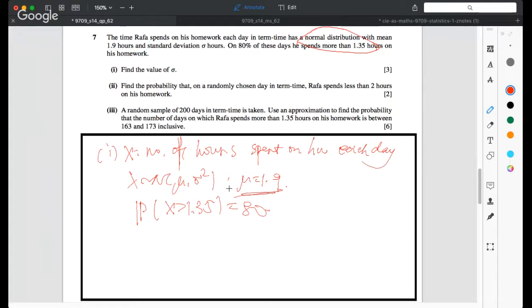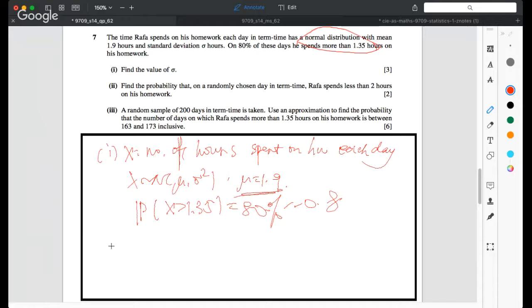And what about next? On 80% of these days, he spends more than 1.35 hours on his homework, which means that the probability of x greater than 1.35 just equals 80%. So it's 0.8. And now we are going to find the sigma.